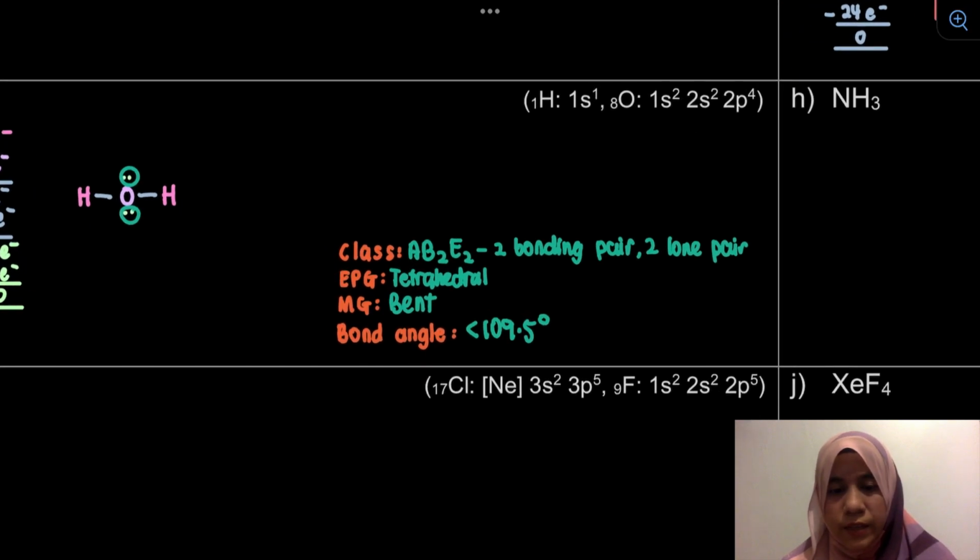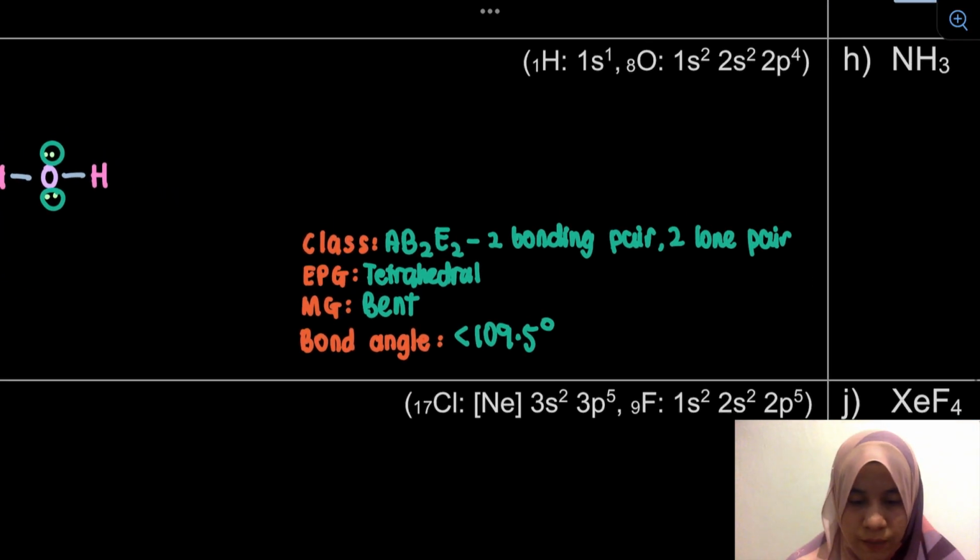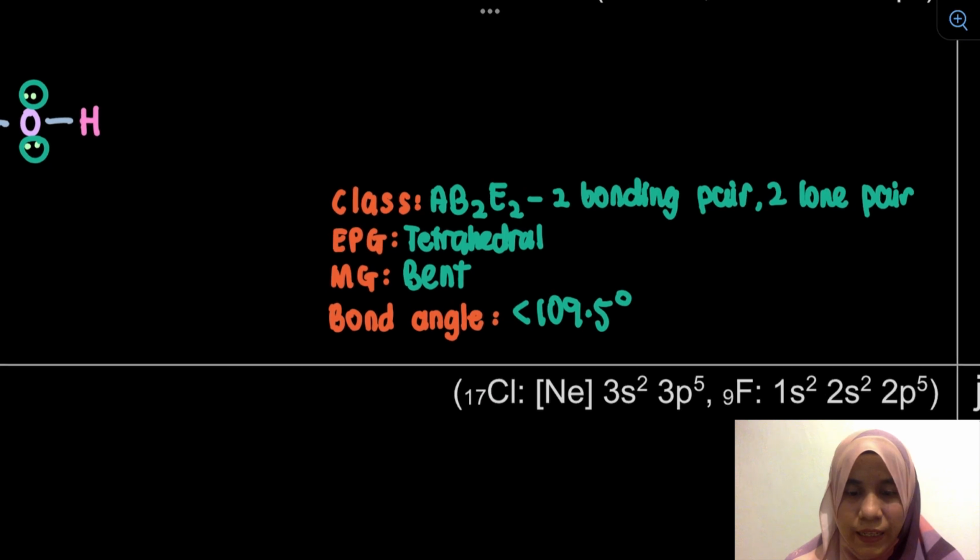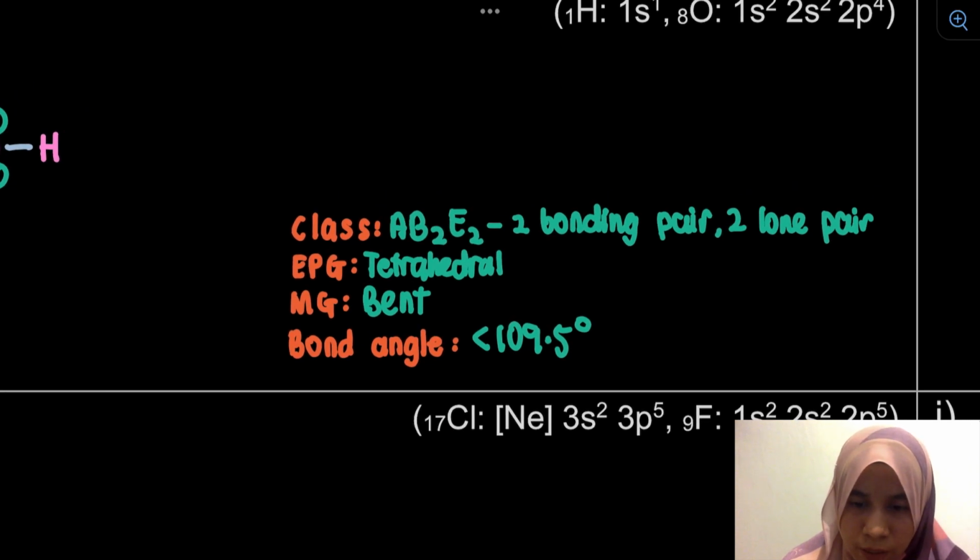So again, for EPG, we must use another color. Electron pair geometry is when you add up your bonding pair with lone pair. So you get the total electron pair.